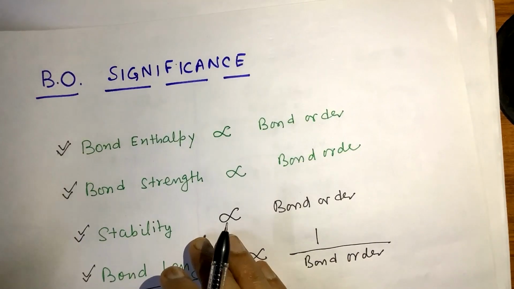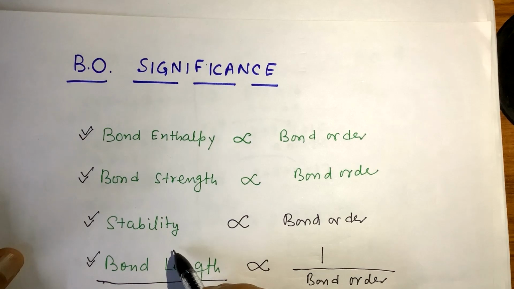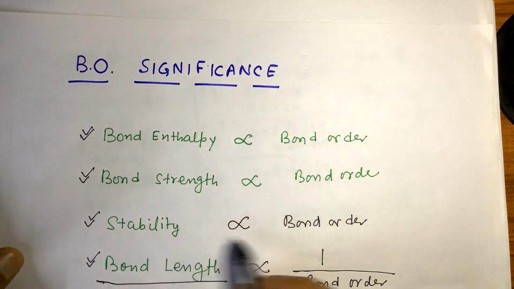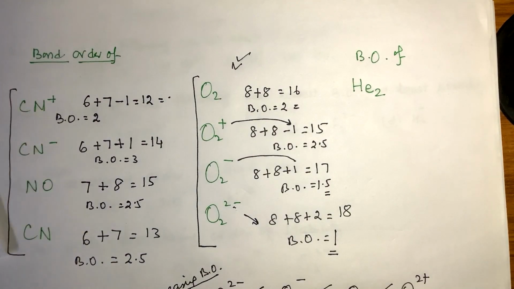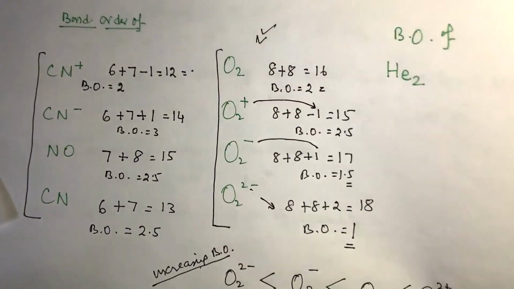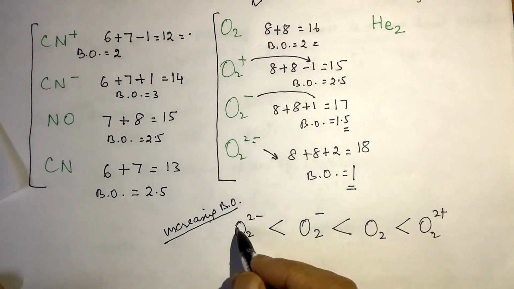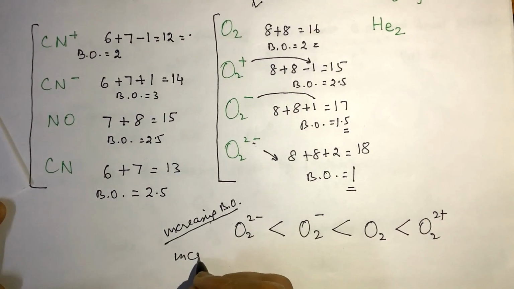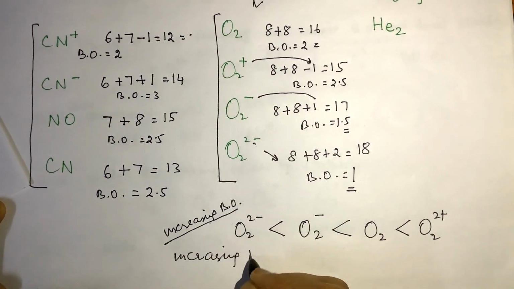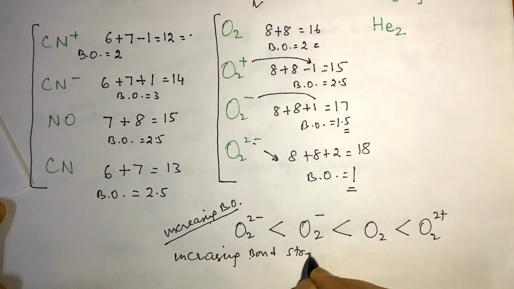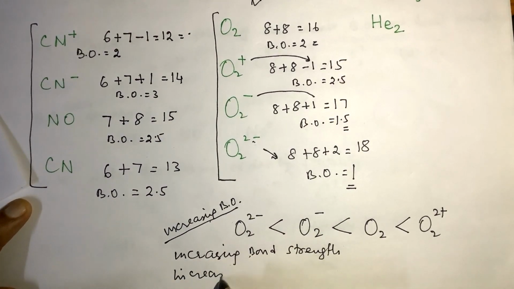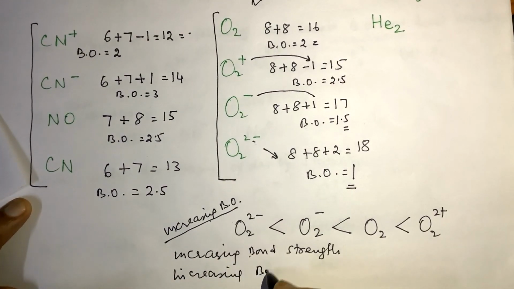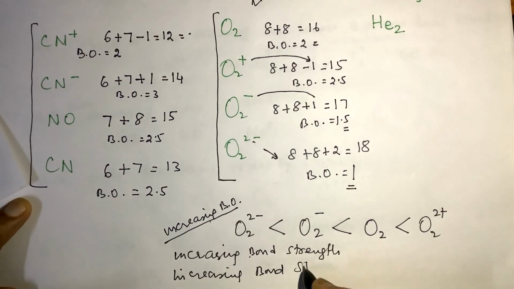And we have seen that bond enthalpy, bond strength, and stability of the molecule are all directly related to bond order. So it is also the trend of increasing bond order and increasing bond strength, and also the trend of increasing bond or molecule stability.